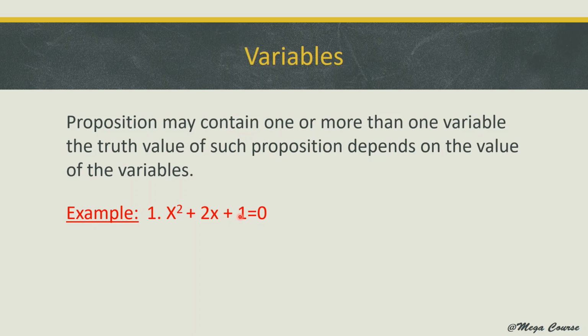So this statement is true if and only if x equals minus 1. Let me pick up the pen. Put minus 1: minus 1 squared is 1, and here minus 2, which is 2 multiplied by minus 1, and plus 1.